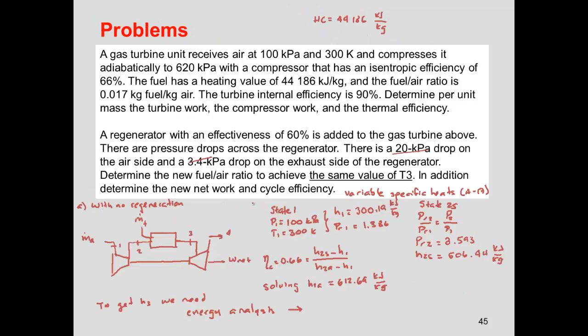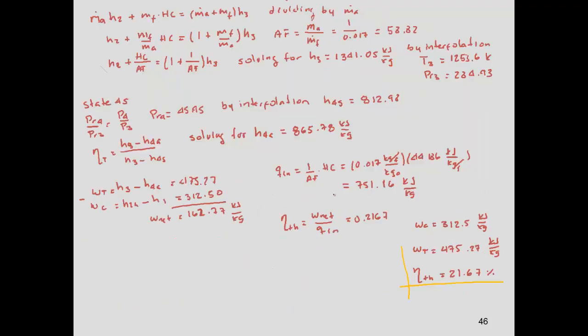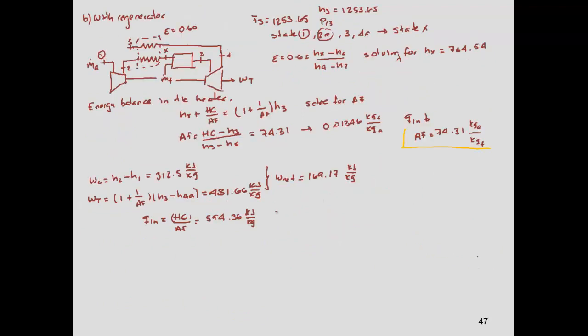We can see that in the past it was 751. So this is the benefit of our regenerator: we reduce the amount of heat that we are providing. We're slightly increasing the net work.